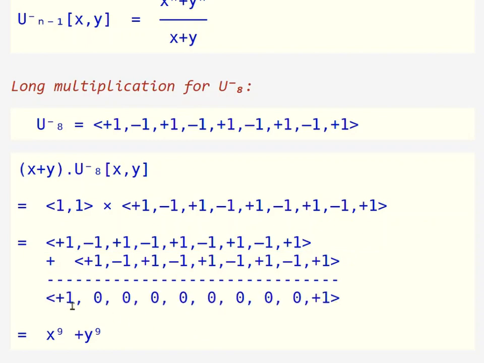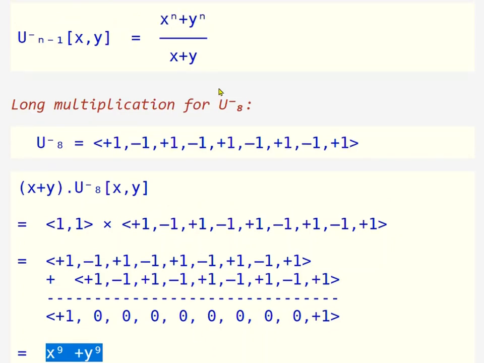So powers are 0, 1, 2, 3, 4, 5, 6, 7, 8, 9. That's x power 9 plus y power 9. All these middle terms cancel out. So x plus y times the U neg 8 Biser just gives you x power 9 plus y power 9, as we would expect from here.